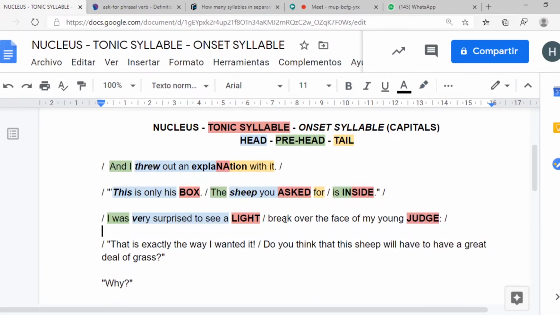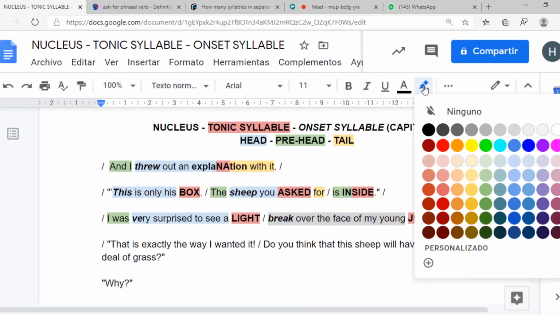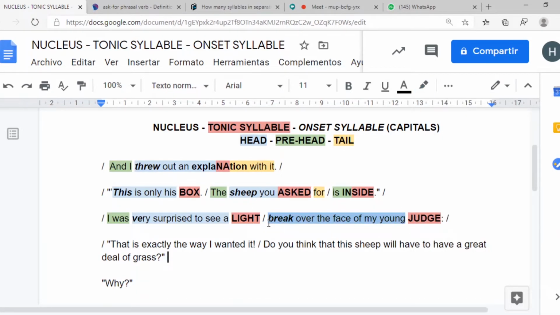Break, this is a stressed word, so this will be my onset syllable, sorry, and all of these will be my head. Sorry, this is not the color.